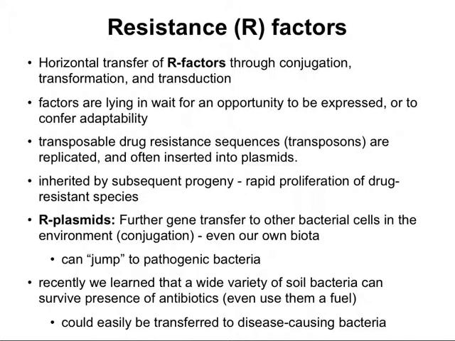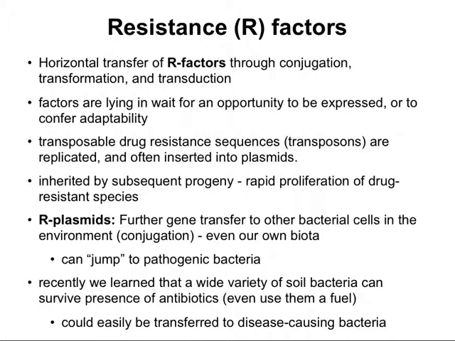Because simple cell division doesn't really acquire any genetic variation. Sometimes we'll see that there are factors lying in wait for an opportunity to be expressed or to confer adaptability. So they're silent, and they may become active when the appropriate environmental cue arises, like the presence of an antibiotic. We can also have transposable drug resistance sequences or transposons that have resistance factors.